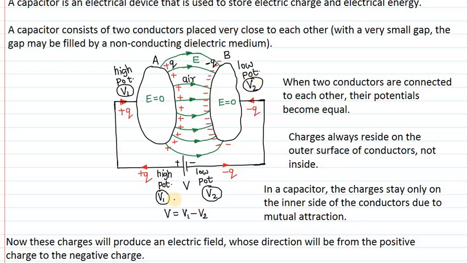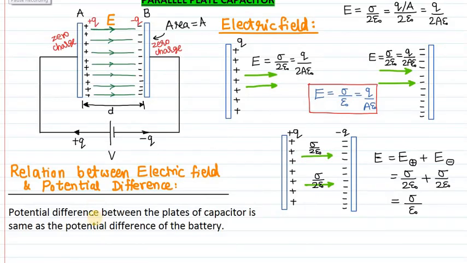So the potential difference of the battery, V1 minus V2, is the same as the potential difference between the two conductors. So we can say now that the potential difference between the plates of the capacitor is the same as the potential difference of the battery. So in the diagram we can show that the potential difference between the plates of the capacitor is equal to V, same as that of the battery.